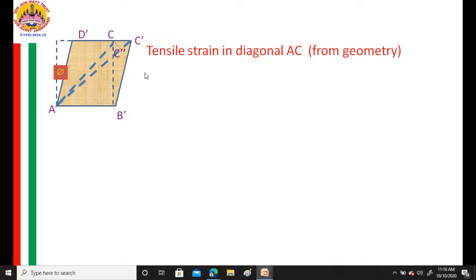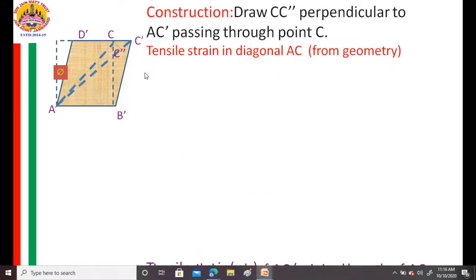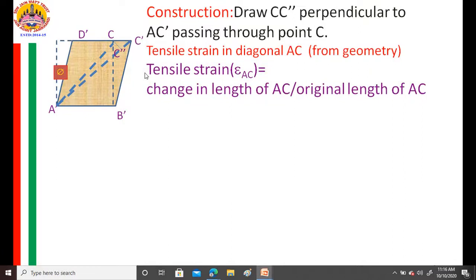From that I can get the tensile strain equal to change in length of AC divided by original length of AC. That is nothing but AC dash minus AC divided by AC. From the figure, AC dash I can replace with AC double dash plus C double dash C dash, minus AC, divided by AC.